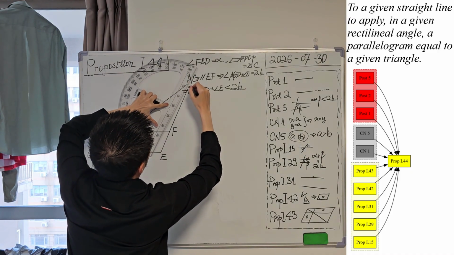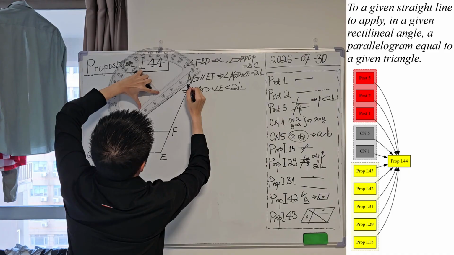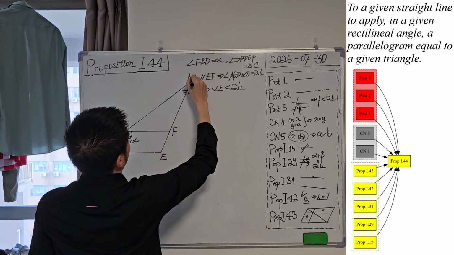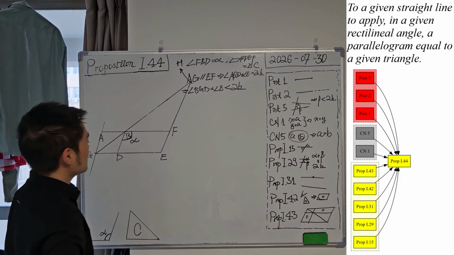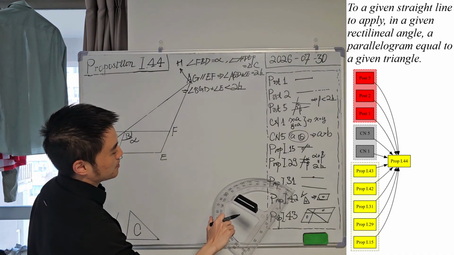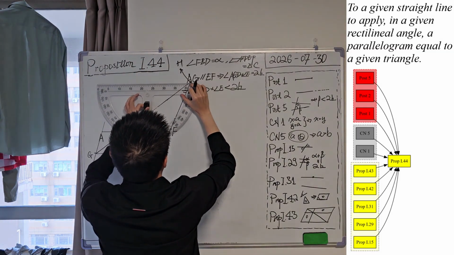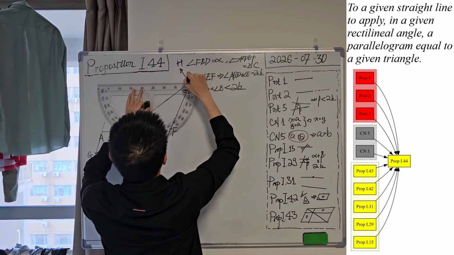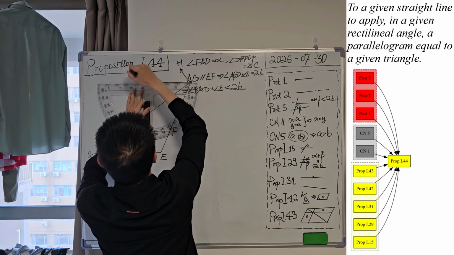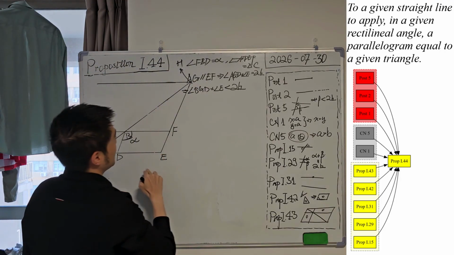It's a little bit long. And let's assume they meet each other at the point H. So this is point H, okay? And in the next step, let's use proposition 31 again. We construct a straight line through point H that is parallel to GE, okay?